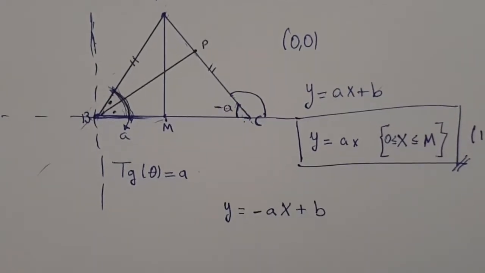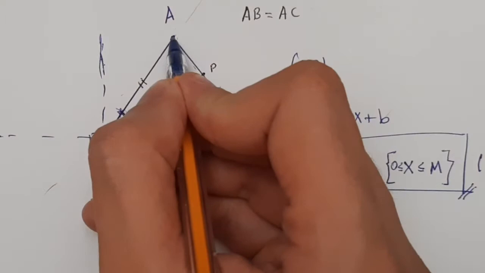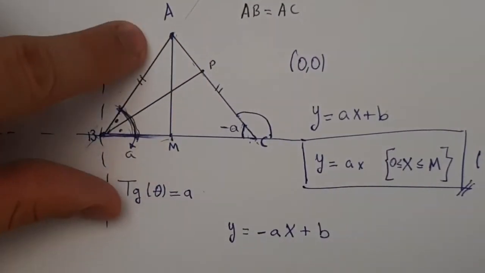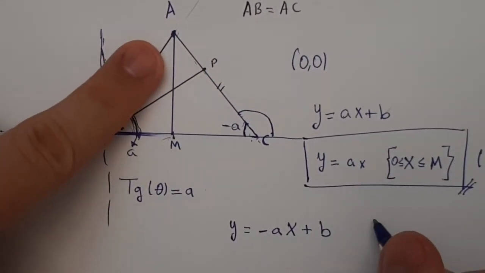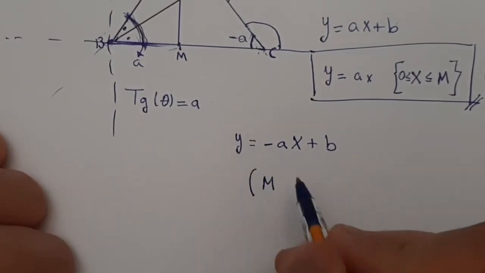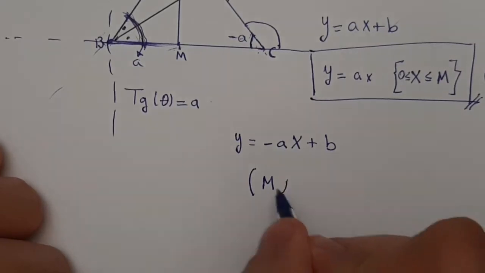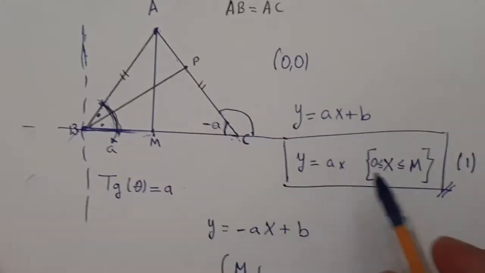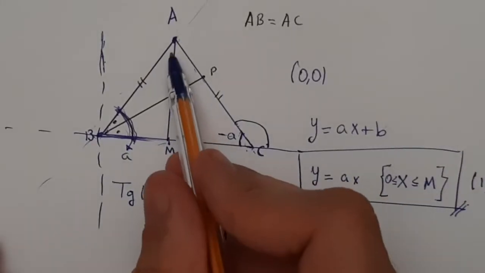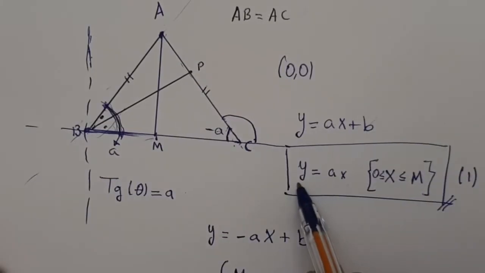How can we find b? Well, we can find it by having a point, and we have a point. This point over here. This point is what? It is m and what? What is it in the y? Well, you can look over here. This point is part of this line over here also. So you can use this equation.